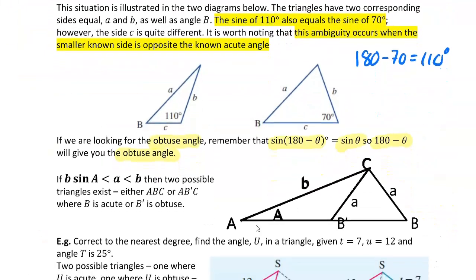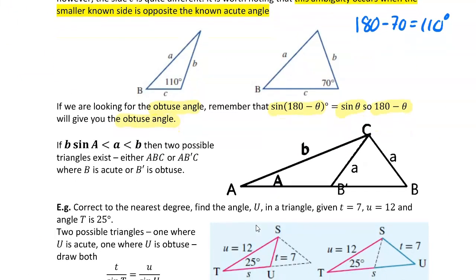So this is the very complex rule. I wouldn't expect all of you to know this. So that's side B sine of A. If that times sine of A is less than the side of A, which is less than the side of B, then two possible triangles exist.